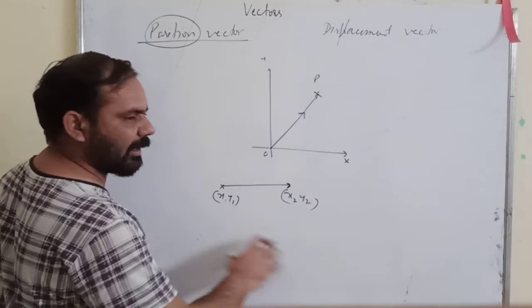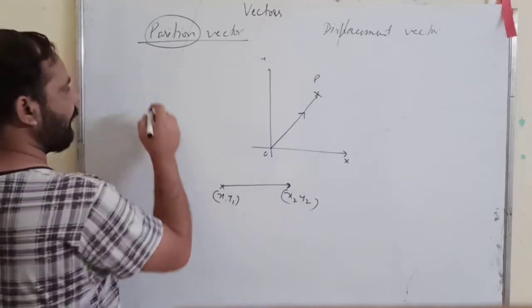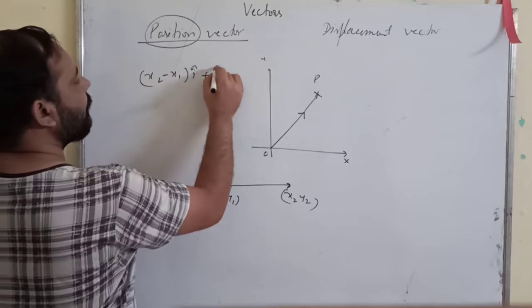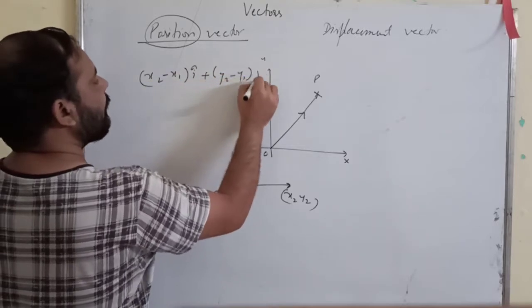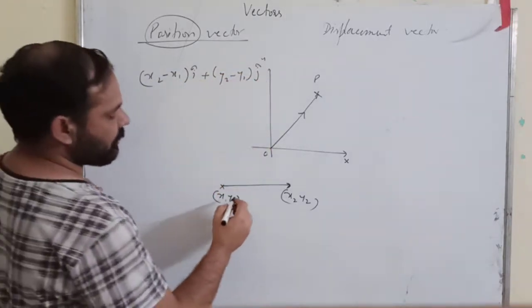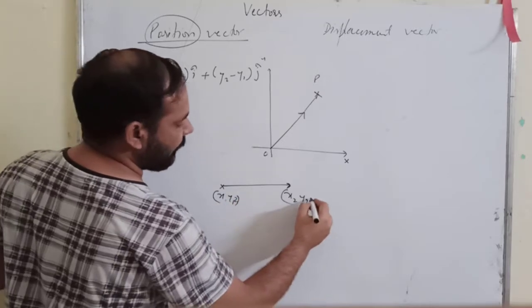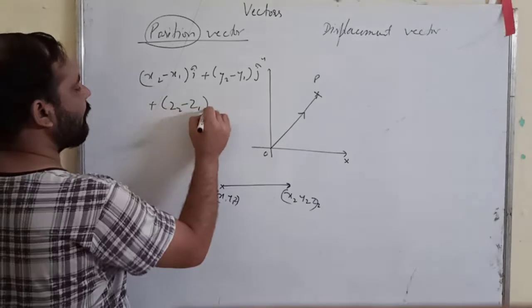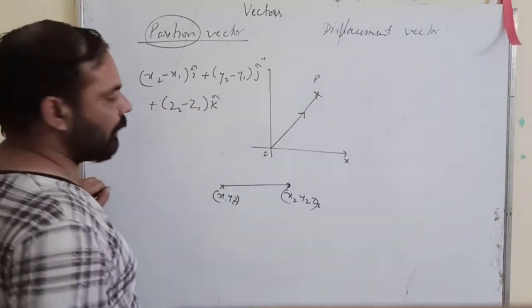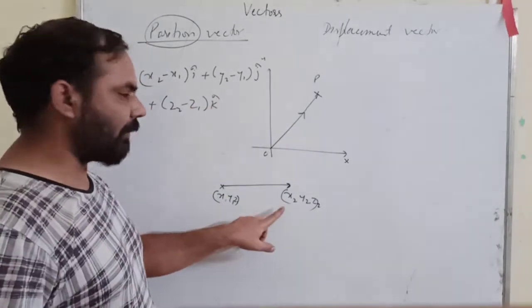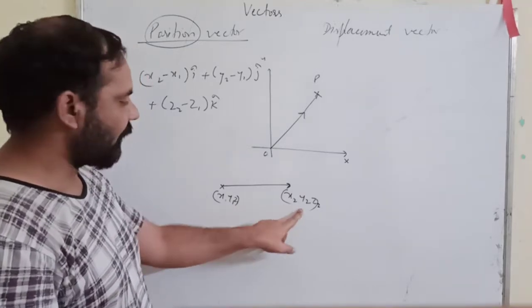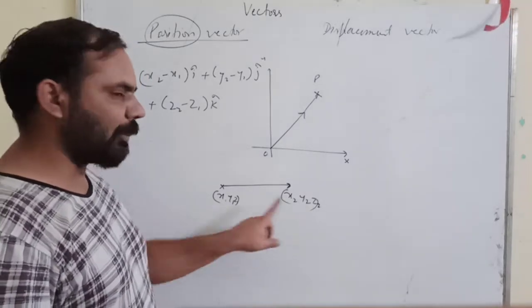Then the simple method of finding the expression for the vector is (x2 minus x1) i cap plus (y2 minus y1) j cap. And if your vector lies in 3-dimensional space, with z1, z2 also there, then it will be (z2 minus z1) k cap. Final point's coordinate minus initial point's coordinate. Final point, initial point.